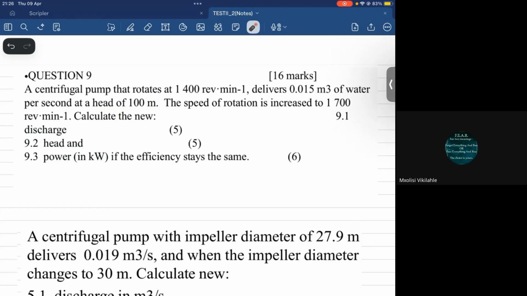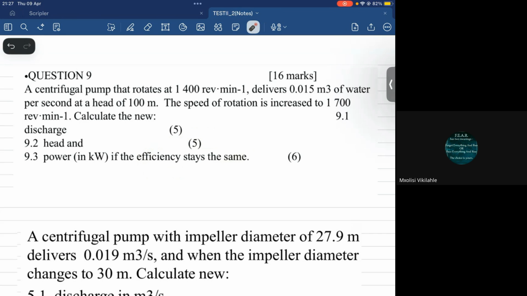So the head, the capacity and the impeller speed are the characteristics of this centrifugal pump. Then they're saying that the speed of rotation is increased to 1,700 revolutions per minute. Then you must calculate the new discharge, head and the power if the efficiency stays the same.